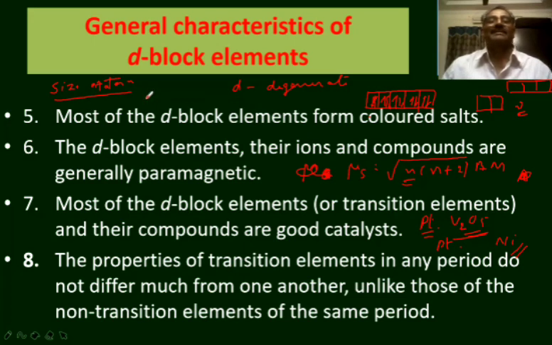As a result, the attraction of the nucleus on the outer electron decreases. So the decrease in the size of the atom is not up to expectation, and is less in d block elements compared to s block and p block elements.